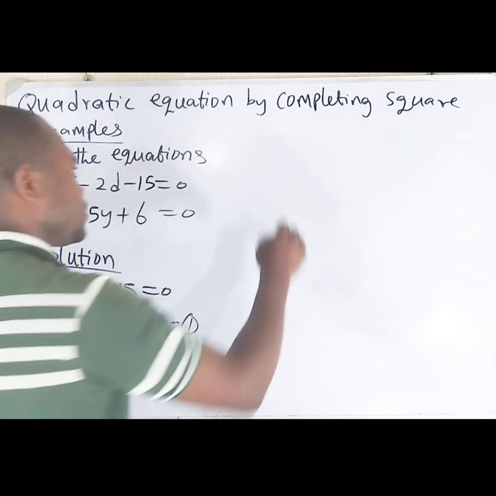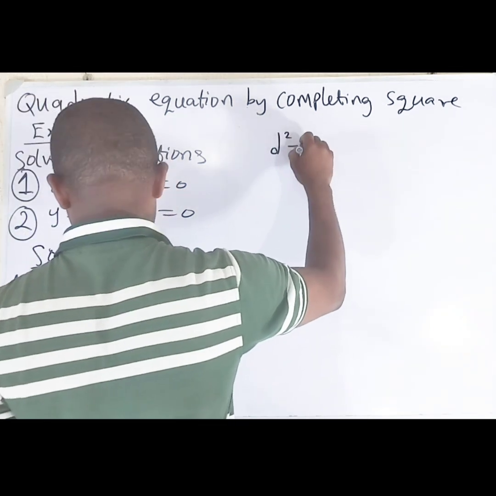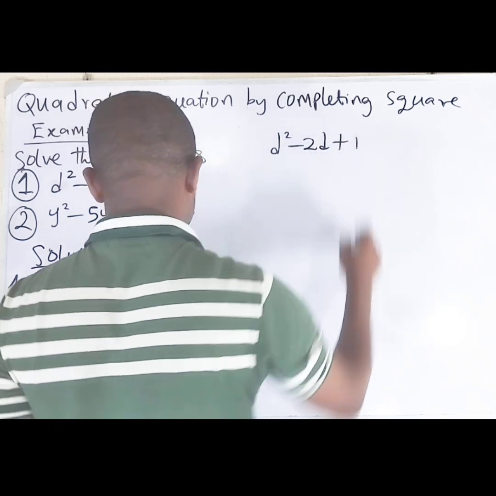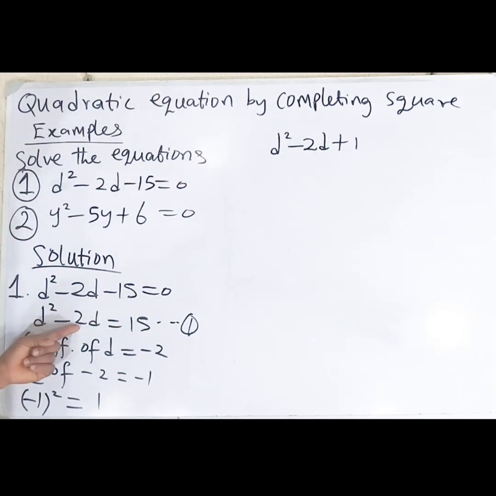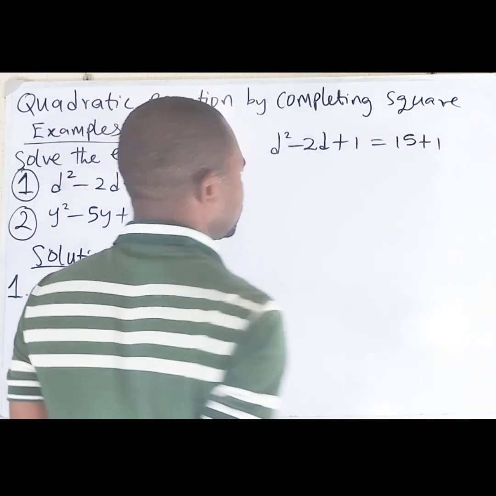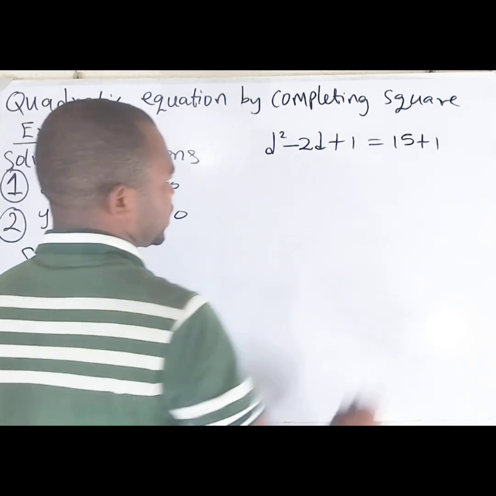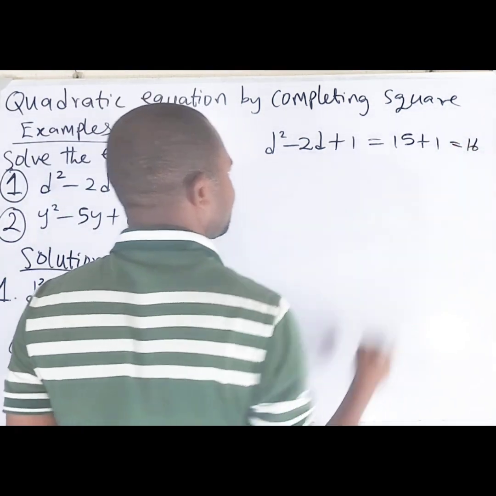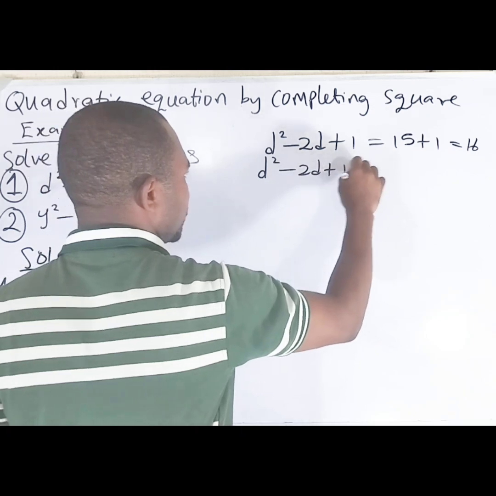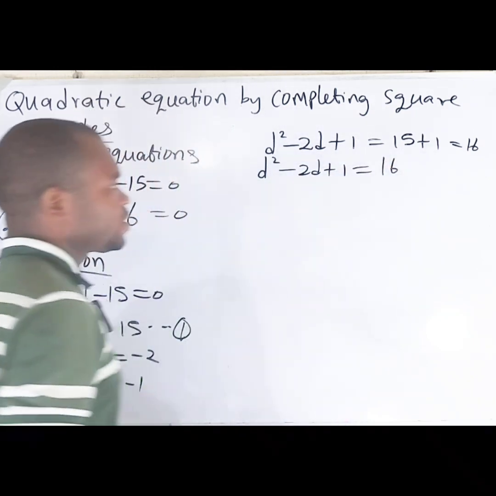Then we have d square minus 2d plus 1, and on the right side, 15 plus 1, and that will give you 16. So we have that d square minus 2d plus 1 is equal to 16.